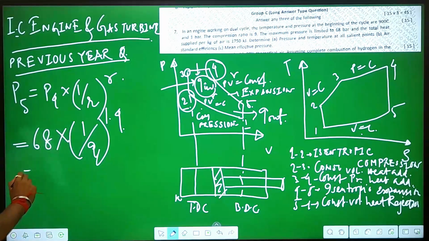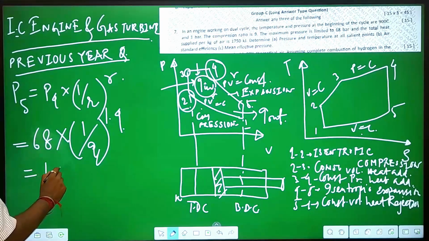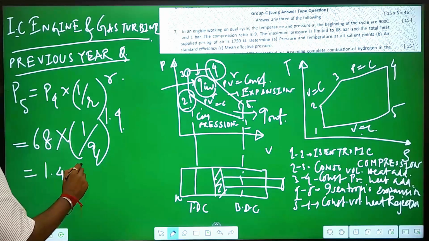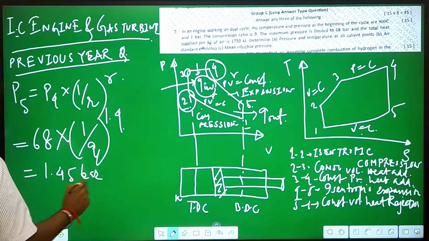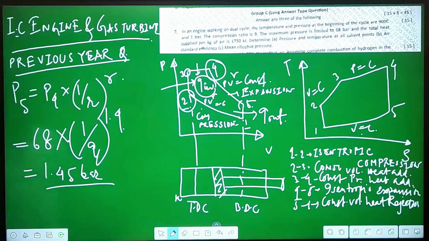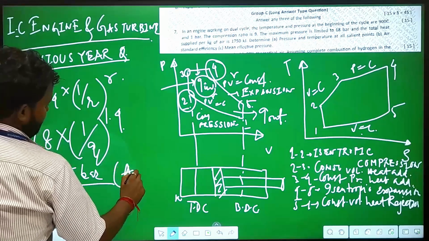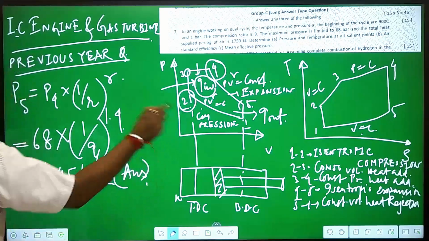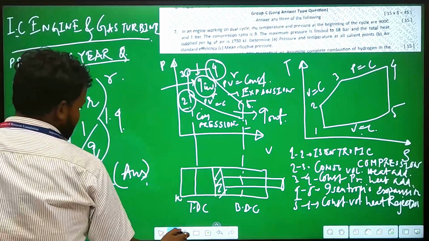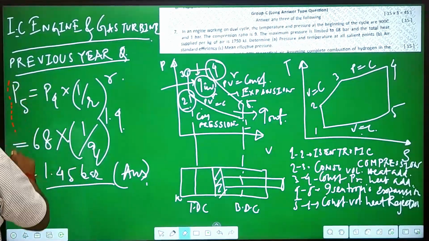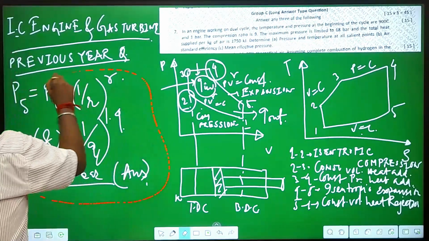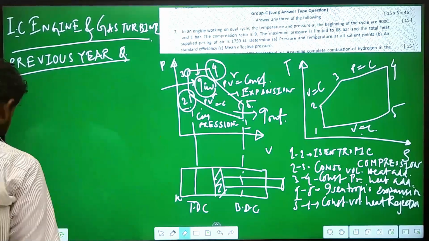So, the answer will be 1.45 bar. So, it is the pressure at salient point 5. So, it is another answer.